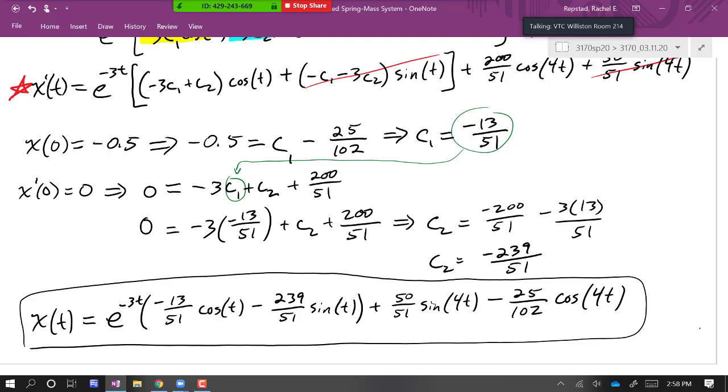When you're working on problems, sometimes they ask you specifically, like, find the transient solution or the transient part of the solution, find the steady state part of the solution. What would we identify? What's the transient part of the solution? The section on the left, that one with the e to the negative 3t attached to it, yeah, it's the homogeneous.